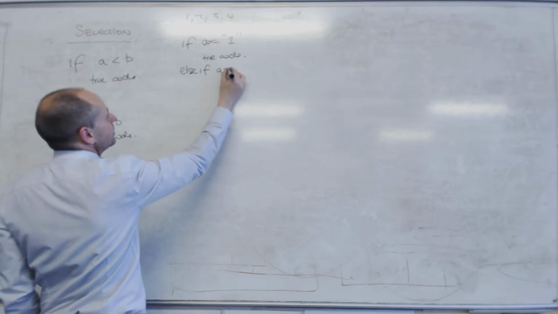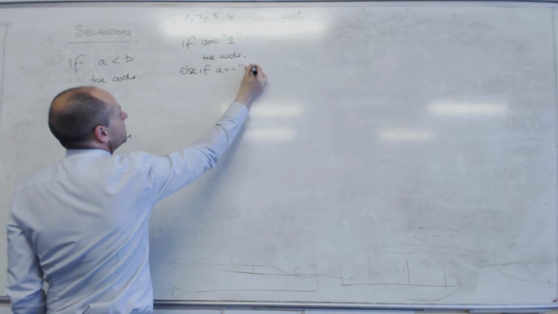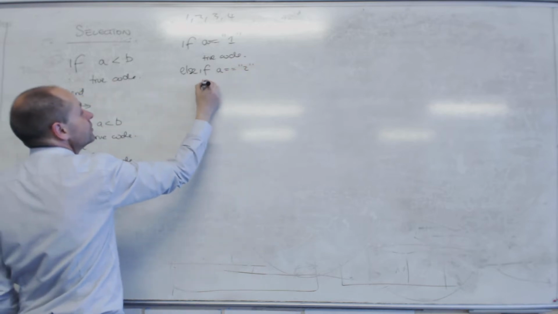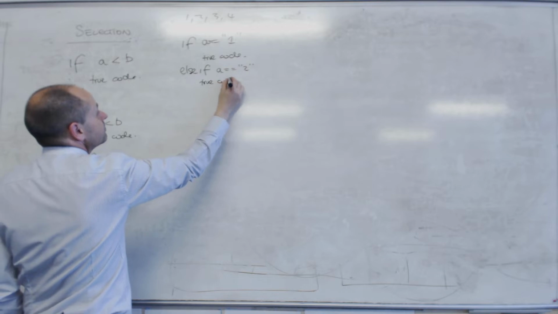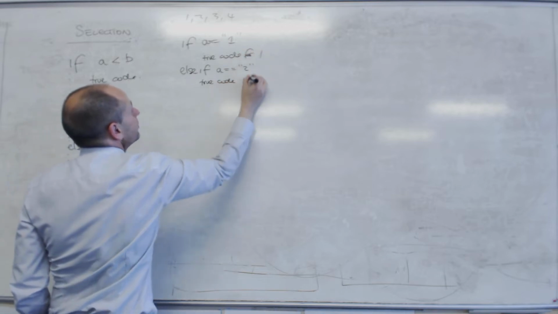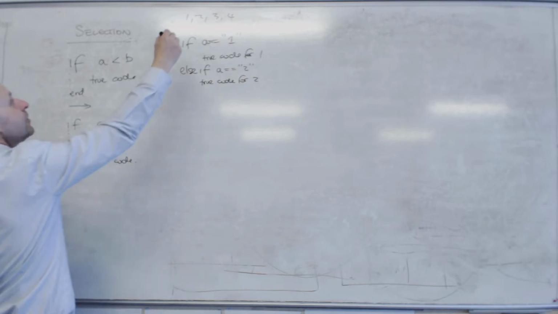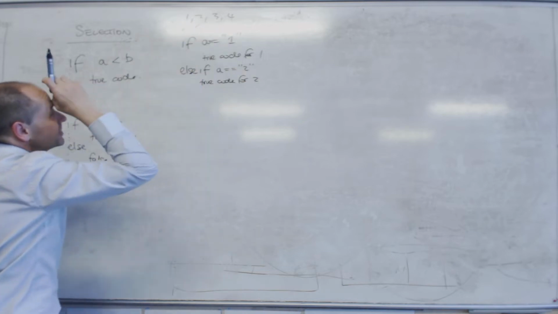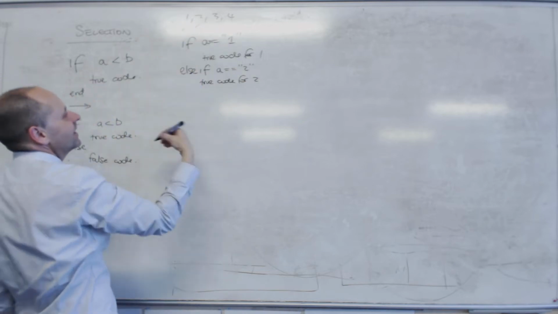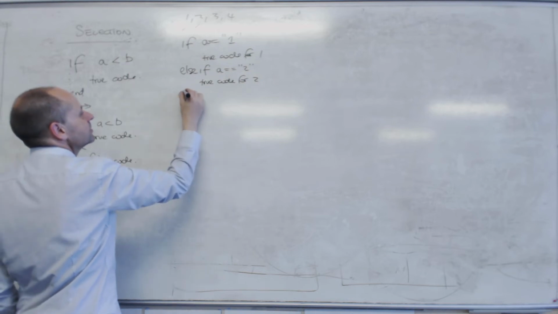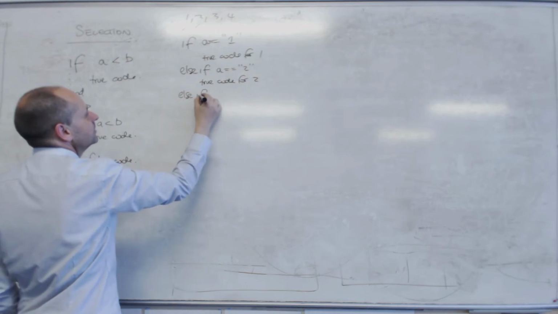So let's pick the other choice. Is it a 2 then? If it's true, do the true code for the 2. But I've still got 3 and 4. I've done that option and that option, I've still got to cover 3 and 4. So I need to make another selection. I can then say else if again.